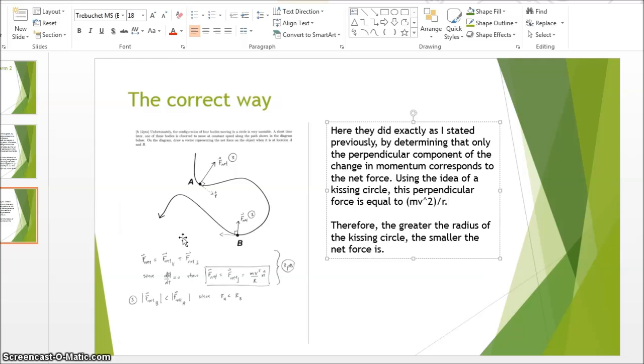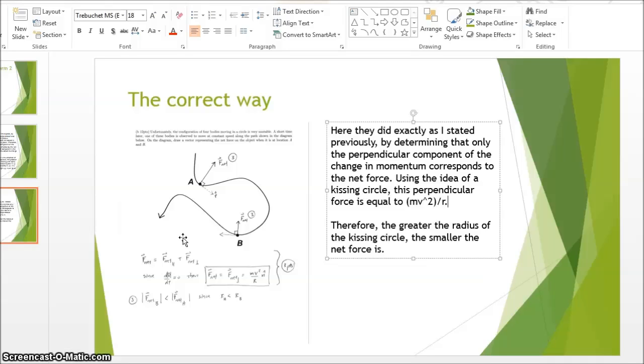The main thing that you want to take from this is that although dp dt parallel is zero, constantly zero, there still is some speed for the ball.